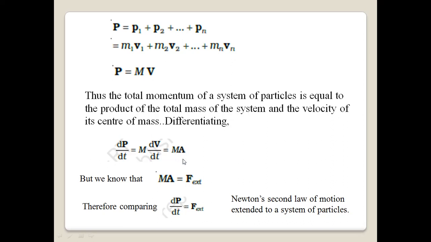You must understand that the center of mass is also in motion, and M is the total mass of the system of particles. But we already know that just previously we saw that M into A is equal to the sum of all the external forces. So here dP by dt equal to MA and MA equal to external forces F. Therefore, dP by dt is equal to F external, which is Newton's second law of motion. This is extended to a system of particles now.